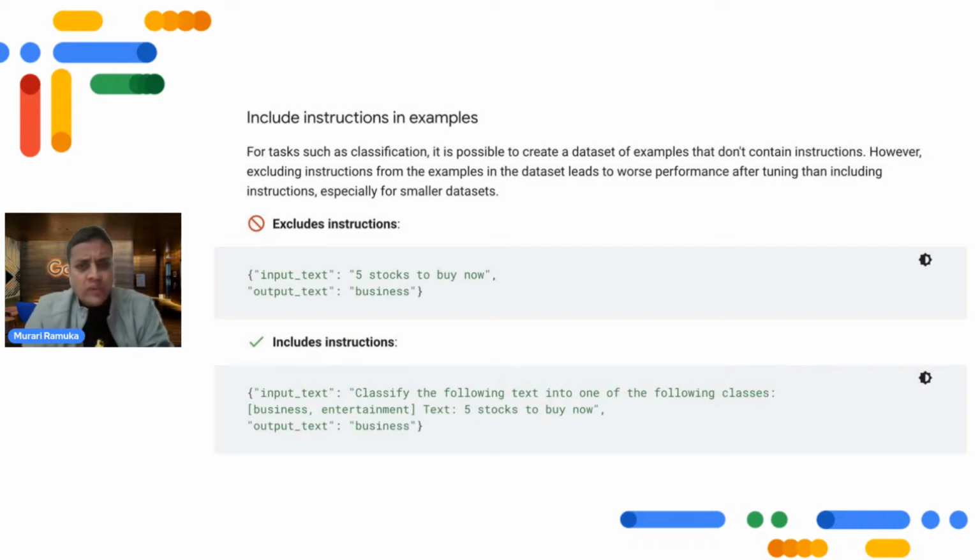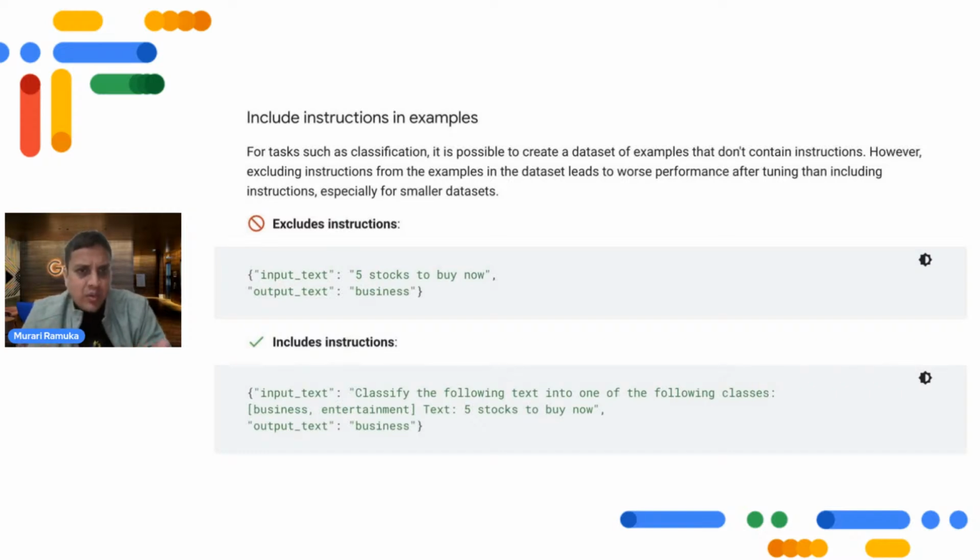What you do is, when you are trying to feed the example, make sure that you include the instructions in the example. This is one of the examples shown here, that for tasks such as classification or summarization, it's very important that when you are creating the datasets or examples, you do not leave out the instructions.